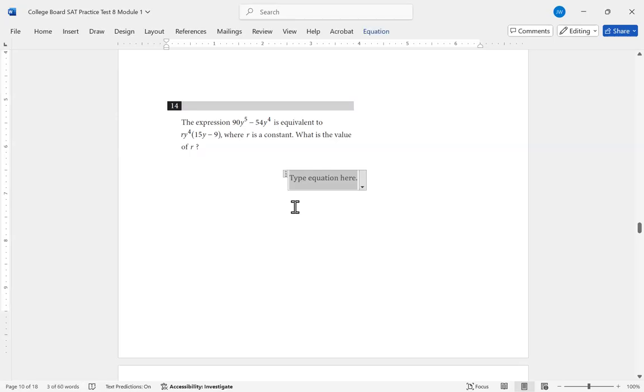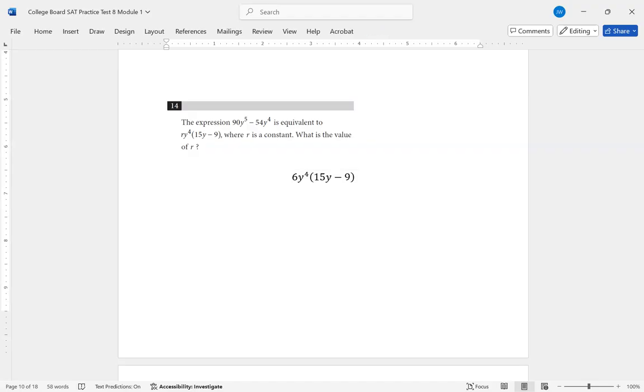So I'm going to factor out a 6y to the fourth. If I do that, 90 divided by 6 is 15. Y to the fifth divided by y to the fourth is a y. Minus 54 divided by 6 would have been 9. Y to the fourth over y to the fourth is 1. So we end up with that factoring.